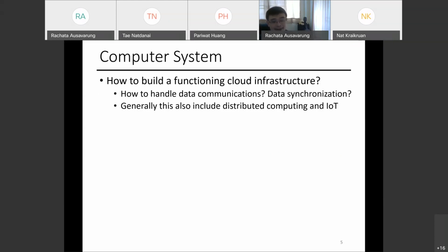So if you want a functioning IoT infrastructure, you need to know computer systems. If you talk to your friends and they claim that they know IoT, but they never took anything related to computer systems before, they're not really building IoT systems, they're just using them, right?